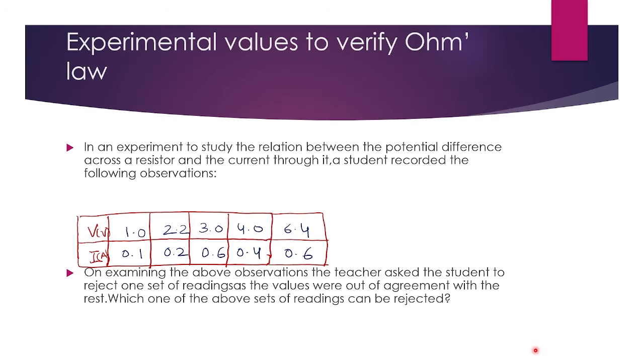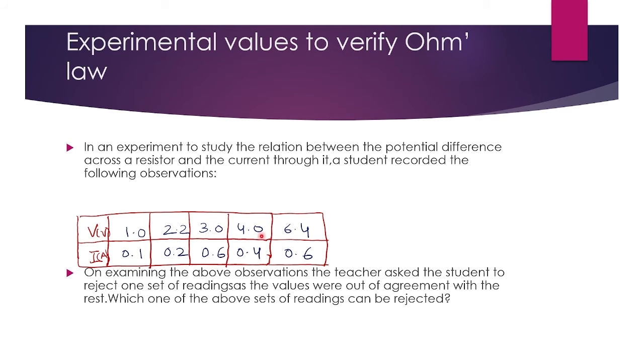The next kind of questions are based on experimental values, wherein generally you are given a table having a set of observations and you are asked to find out which observation is wrong. These kinds of questions are also very simple. What we generally do here is find the V by I ratio for each value.